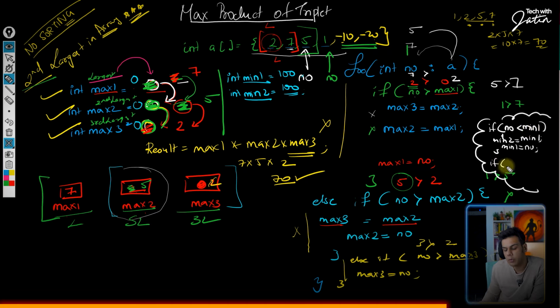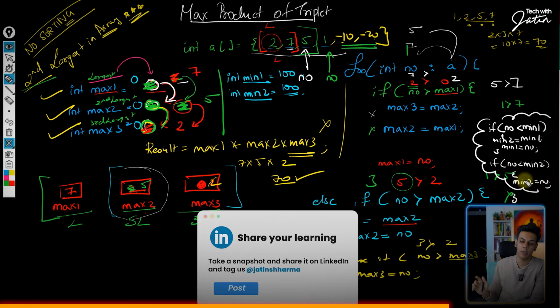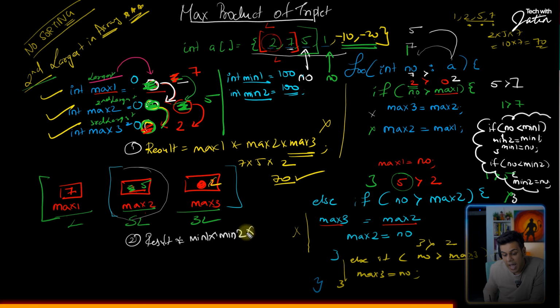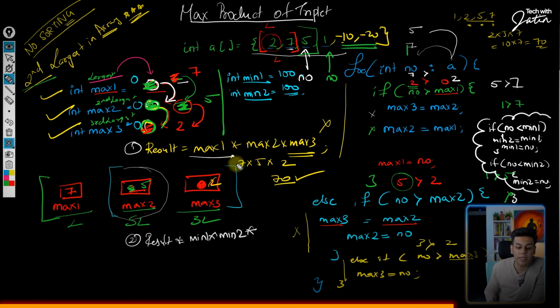And also I'm going to have one more check. If number is less than minimum 2, I'm going to just update minimum 2 with number. Done. And the reason we need to calculate minimum 1 and minimum 2 is because we also have one more formula. That is, result is equal to you multiply the 2 negative numbers, minimum 1 into minimum 2, and you take the largest max, which is max 1.